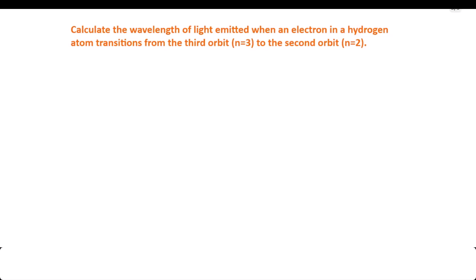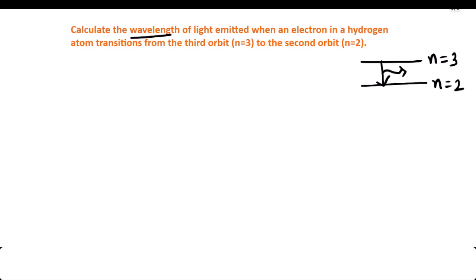So when an electron jumps from n = 3 to n = 2, the emitted photon will have what frequency and what wavelength? Here we have to find the wavelength of the emitted photon when an electron makes a transition from n = 3 to n = 2.